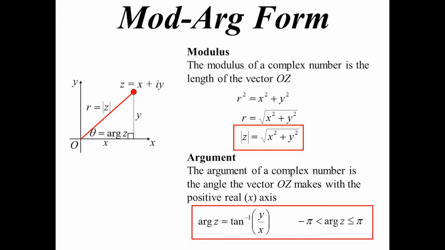In other words, they go between minus pi and pi, or minus 180 and 180. Notice the minus pi is not included, because pi and minus pi is the same position, and we want to make sure we have a definite answer, so we always go with positive pi rather than negative pi.